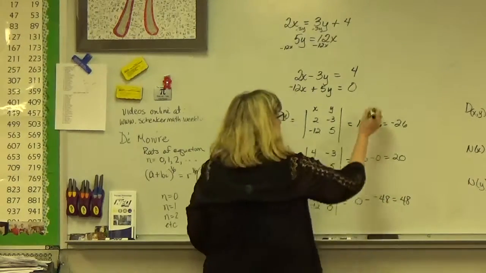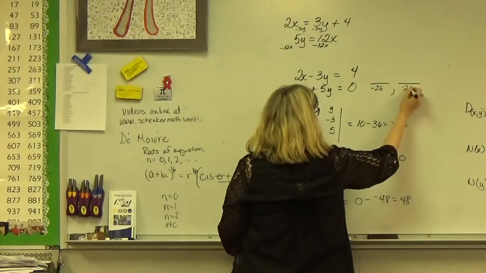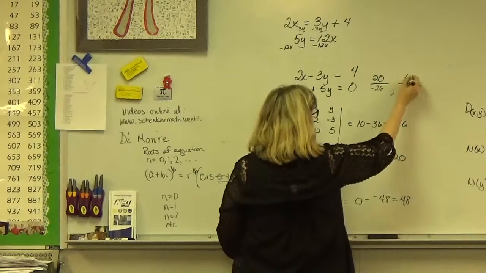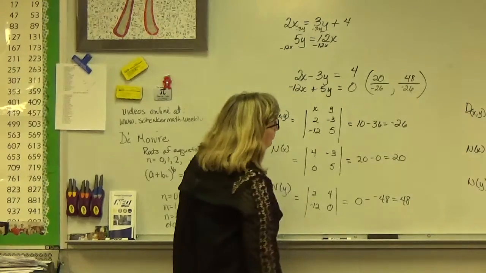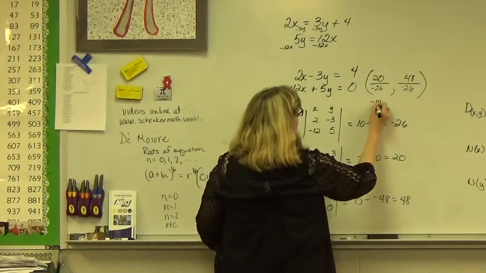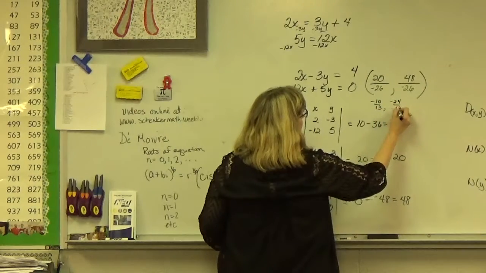Now, what's the denominator for each? Negative 26. Numerator for x, 20, and 48 for y. What's that reduced to? We're going to reduce by 2, 10 over 13, and then negative 24 thirteenths.